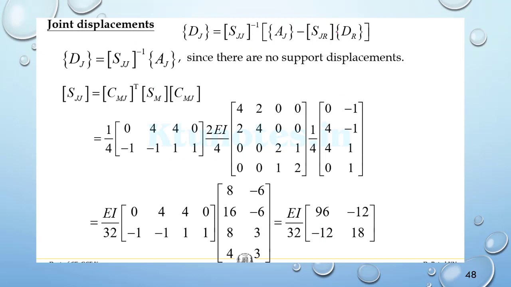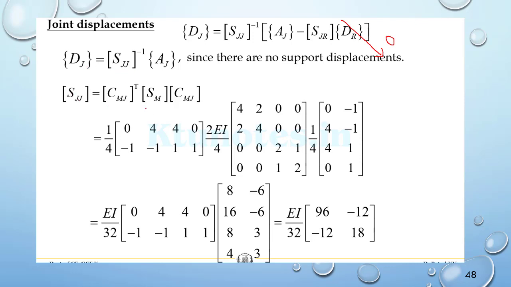Then the joint displacement, that is Dj, is equal to Sjj inverse into Aj minus Sjr into Dr. Here there is no support displacement specified in the problem, hence Dr will be 0. So Dj is equal to Sjj inverse into Aj.